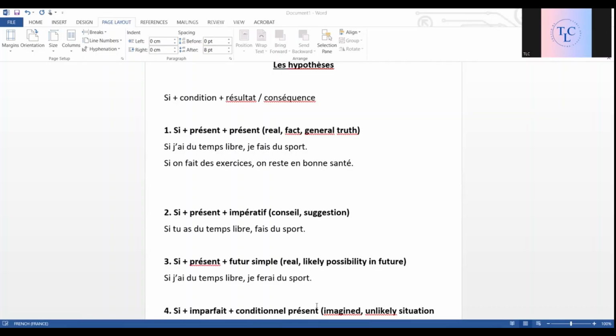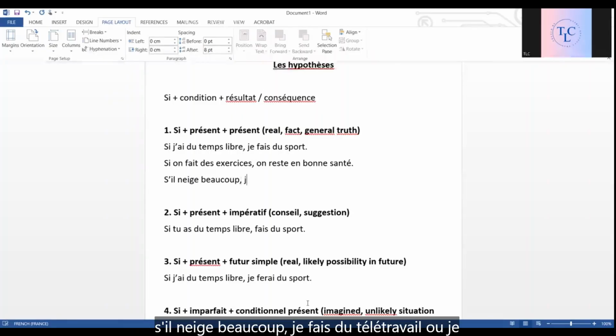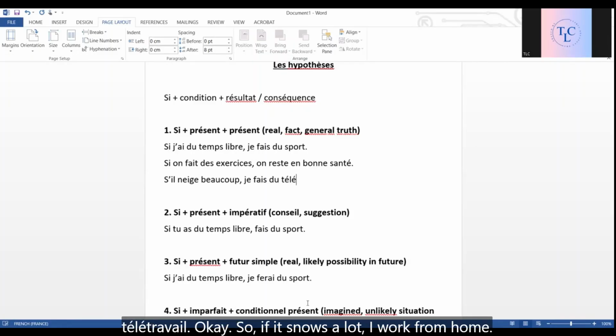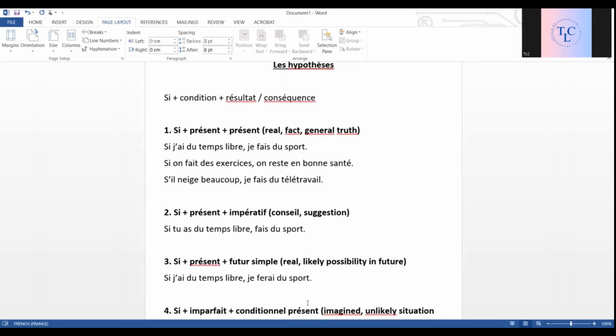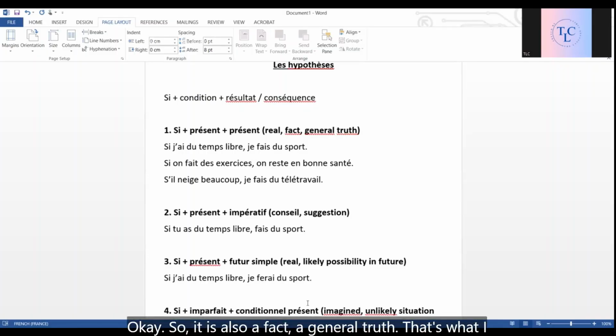Then, s'il neige beaucoup, je fais du télétravail, or je télétravaille. If it snows a lot, I work from home. So it is also a fact, a general truth. That's what I do when it happens.